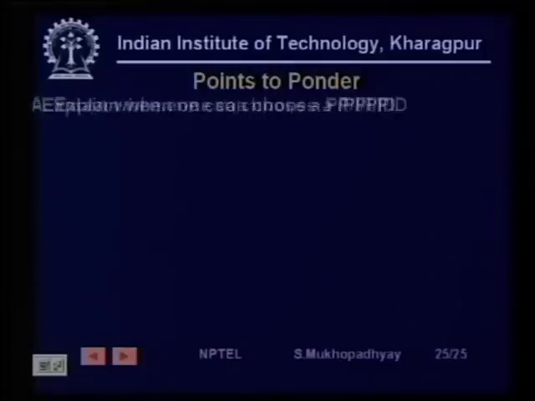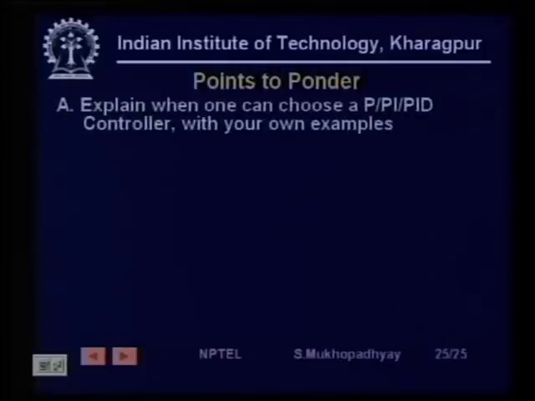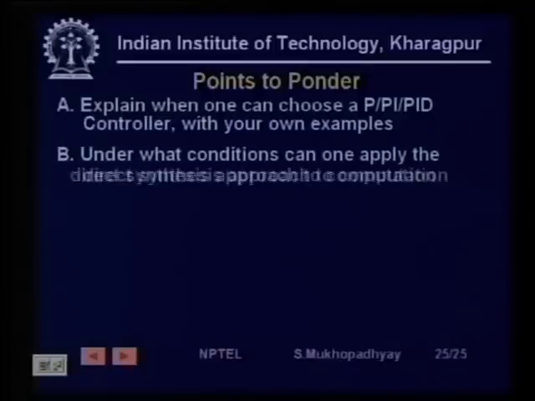Some points to ponder for you: you can try to find out in what situations PI and PID controllers are to be used. All the answers are in this lecture only, and you can try to find your own examples of processes.